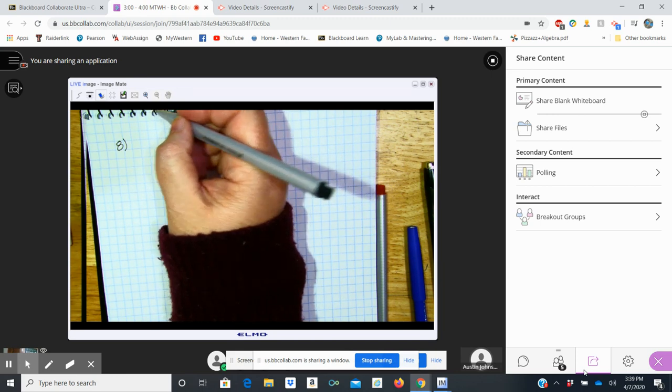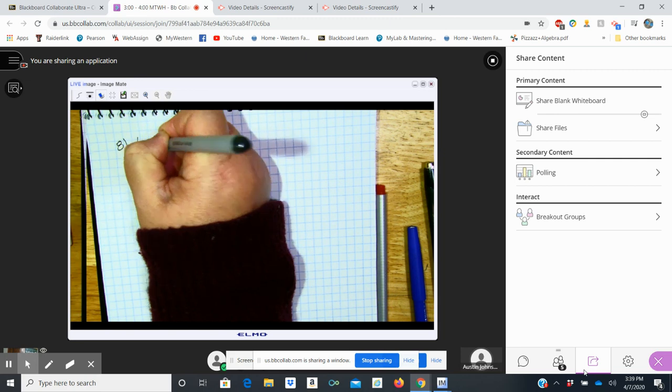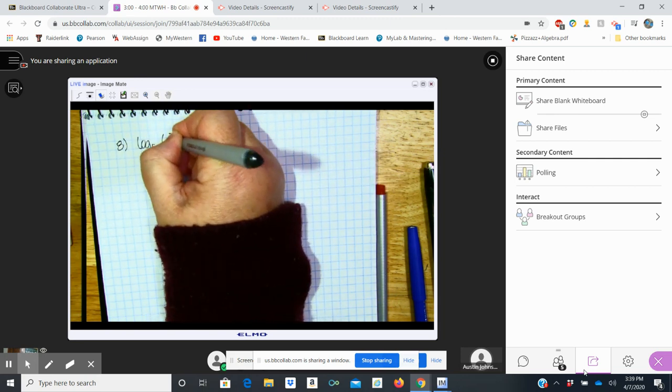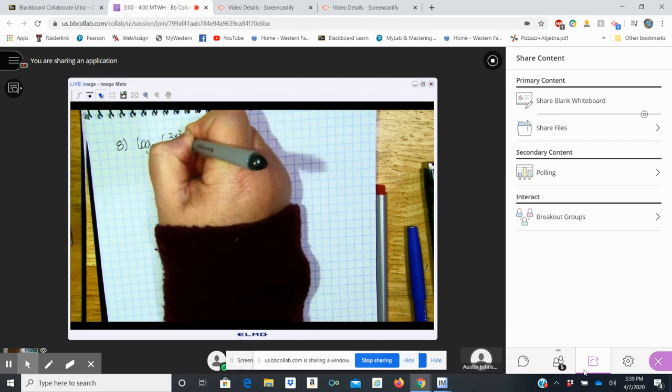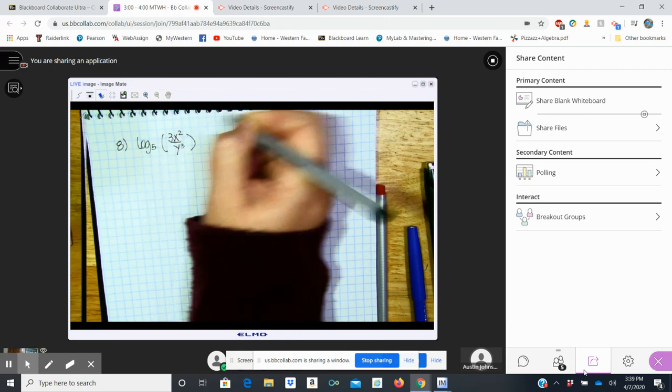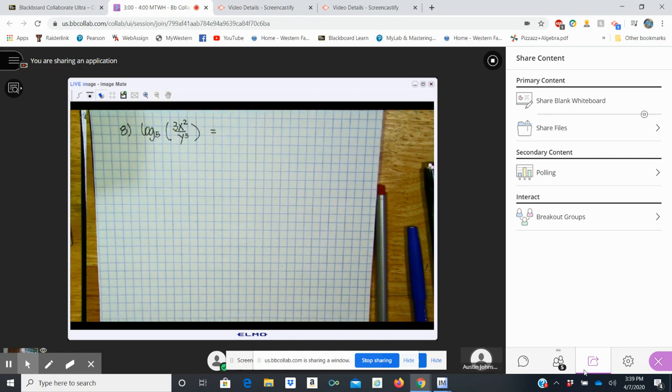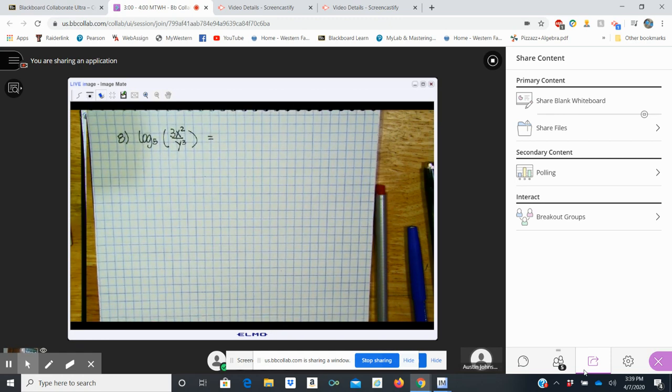Which one do I want to do? Let's try log base 5 of 3x squared over y cubed. Well, let's make it complicated. So where are we going to start with this?